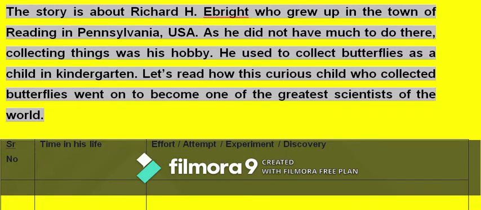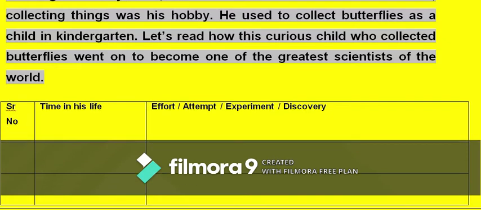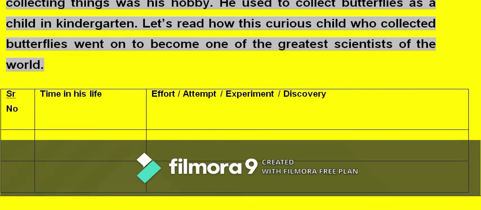Now, as we are reading, I want you to prepare a graphic organizer and note down the pieces of information as we come across the time of his life. It could be his age, it could be his grade or class in which he was studying, or the school, college or university. That will be noted down over here. And his discoveries, efforts, attempts or experiments will be noted in this particular column.